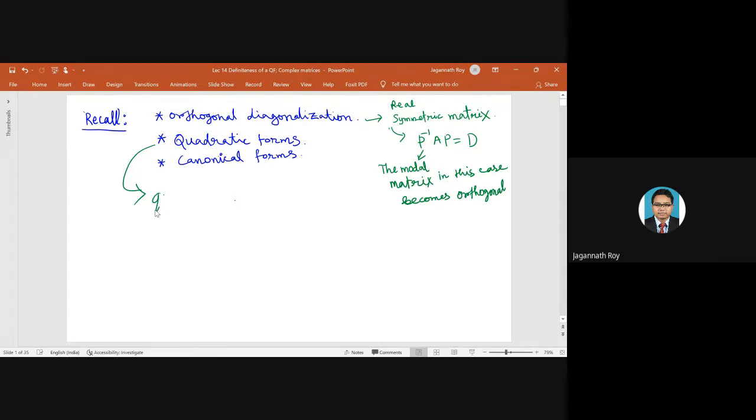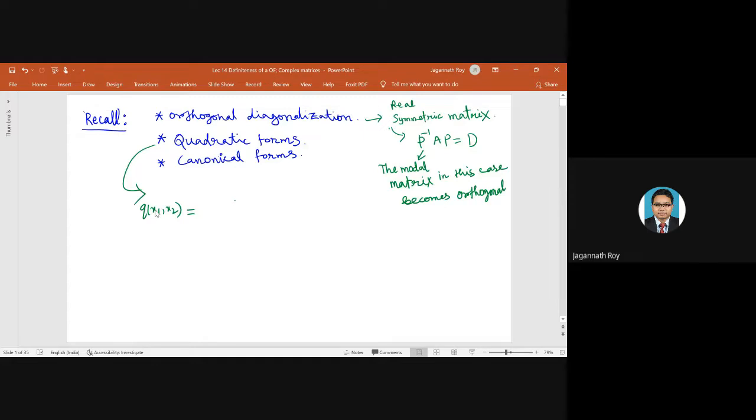Quadratic form is of the kind q of x1, x2. It is a homogeneous polynomial of degree 2, of course, in any number of variables.